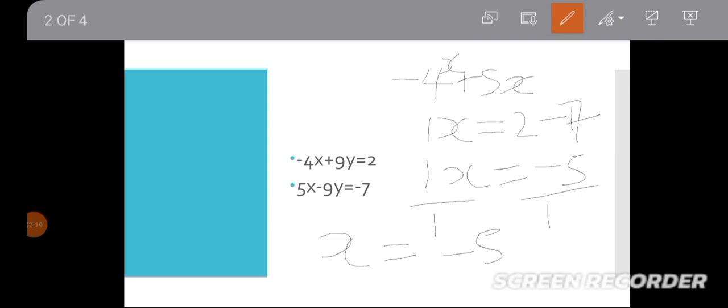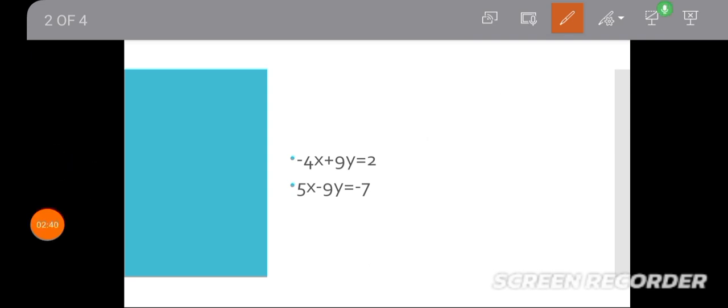And now we're going to try to solve for y. Now we know that x is negative 5. For solving for y, we can use either of the equations.